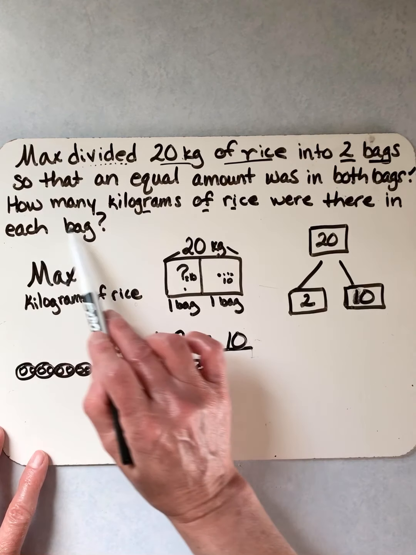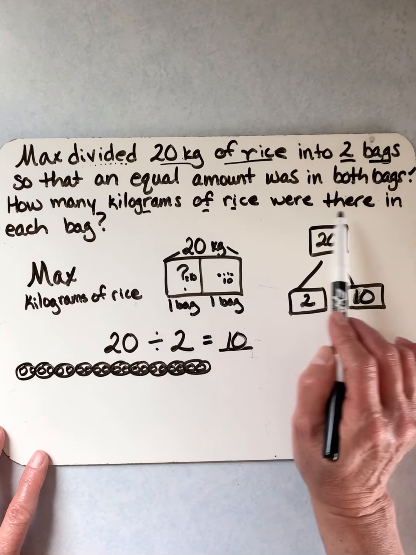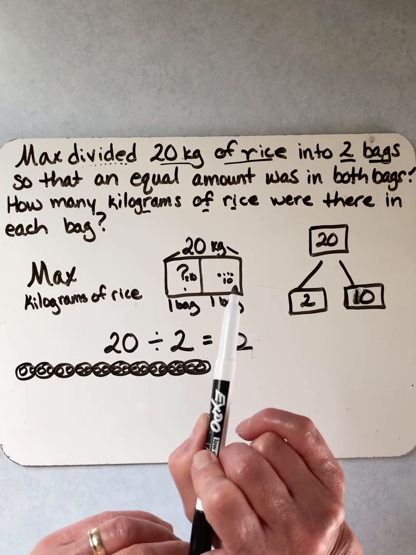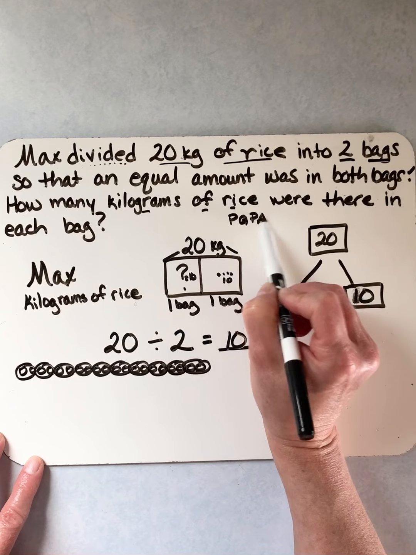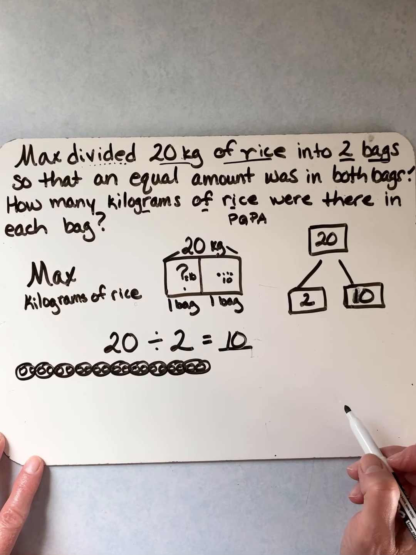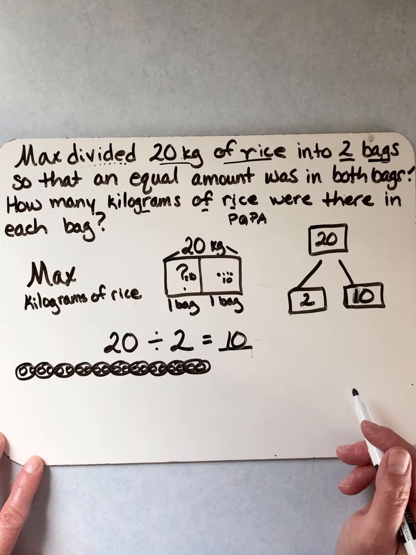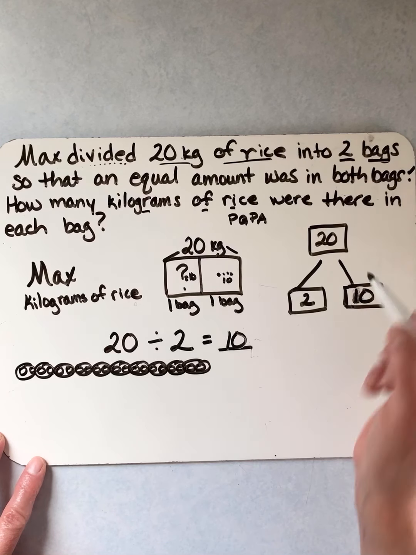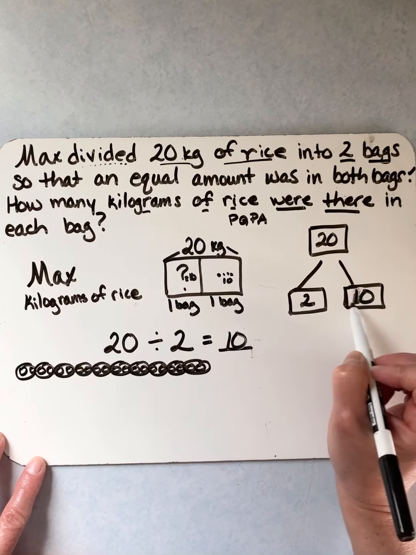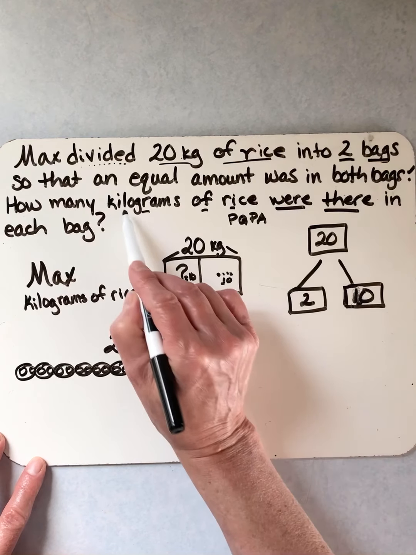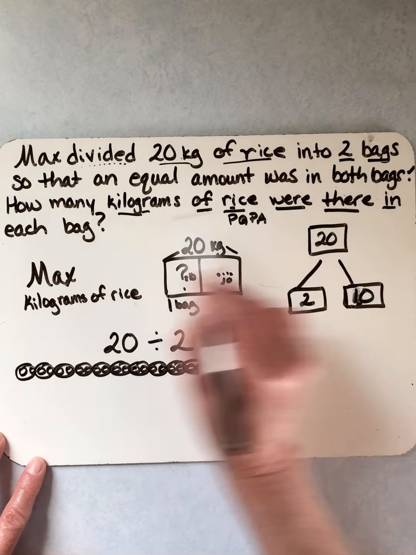The question is, how many kilograms of rice were there in each bag? We answer it using PQPA, which is part question, part answer. How many kilograms of rice were there in each bag? There were 10 kilograms of rice in each bag.